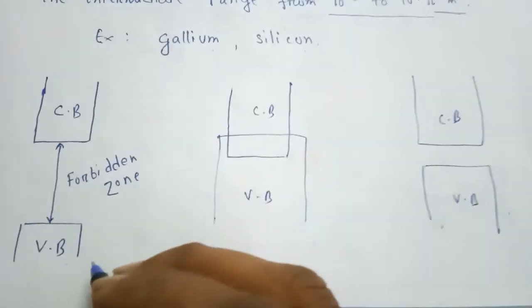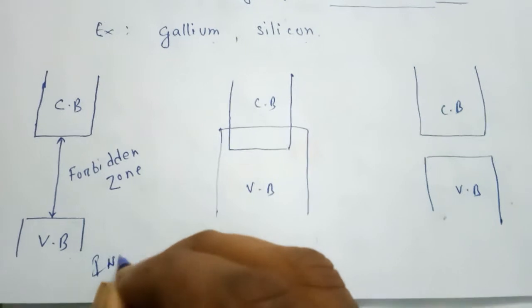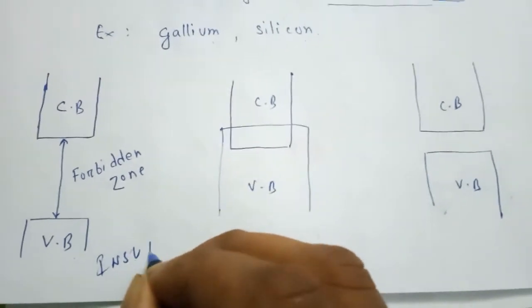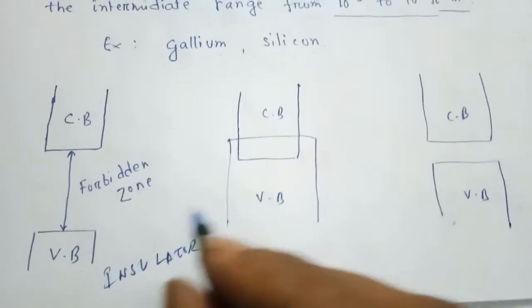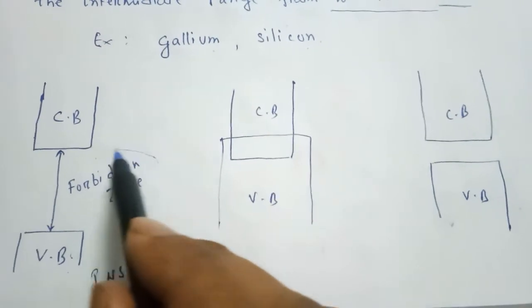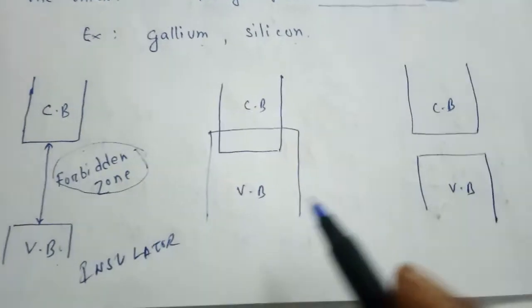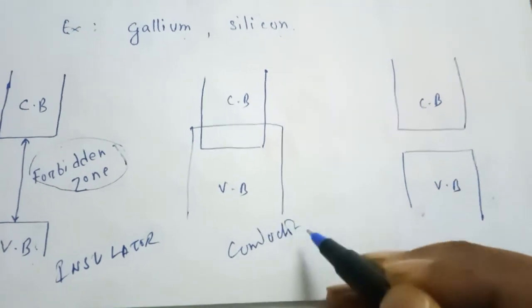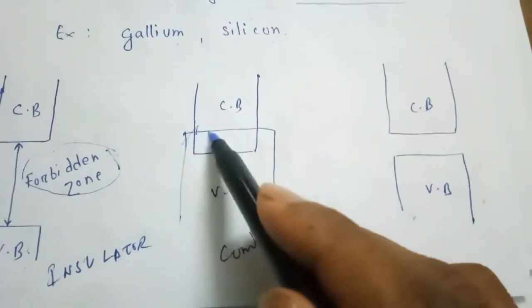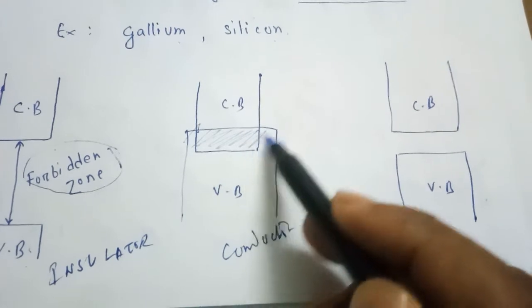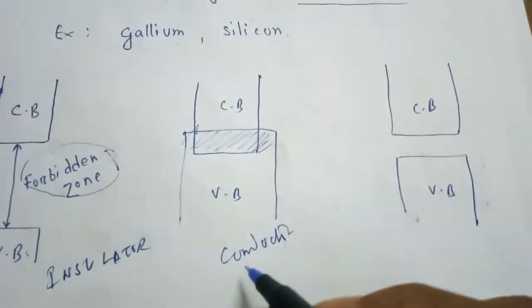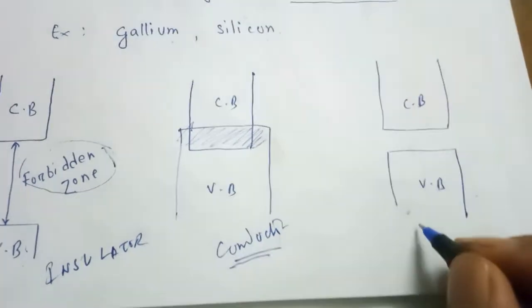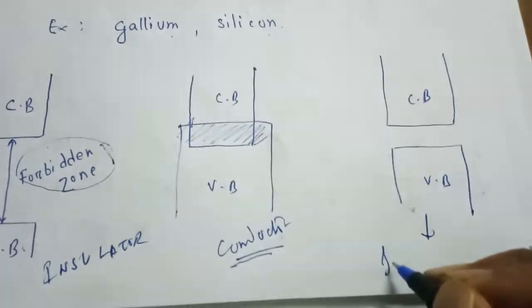This is the case of an insulator, where the gap is large, and this gap is called the forbidden zone. This is the case of a conductor, where the conduction band and valence band overlap with one another.